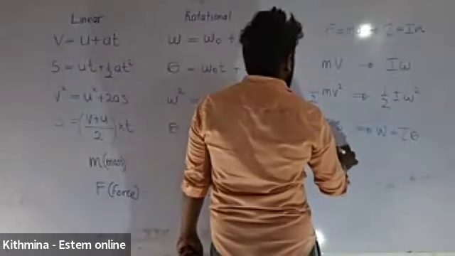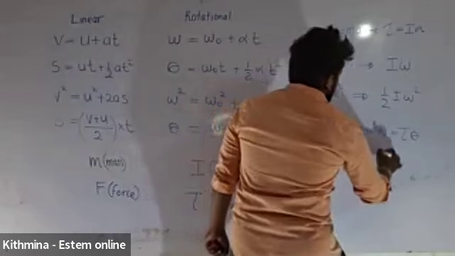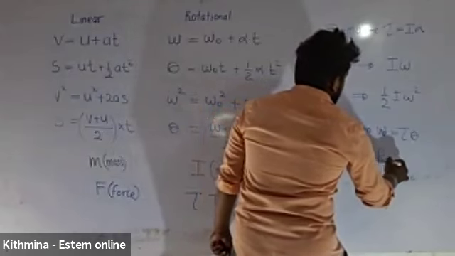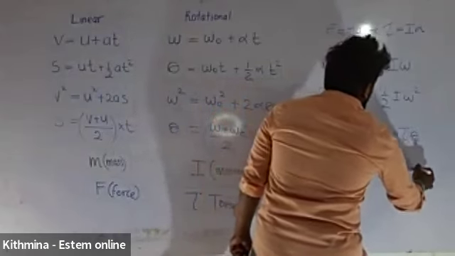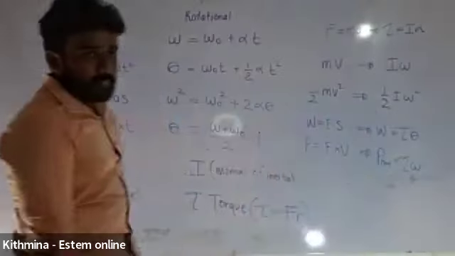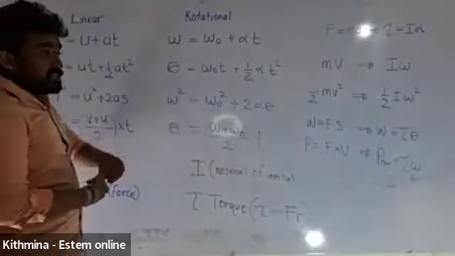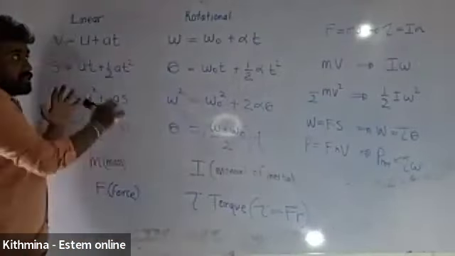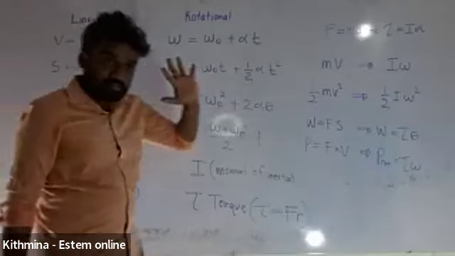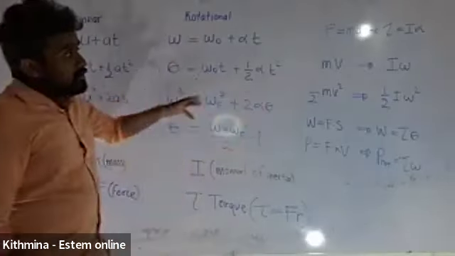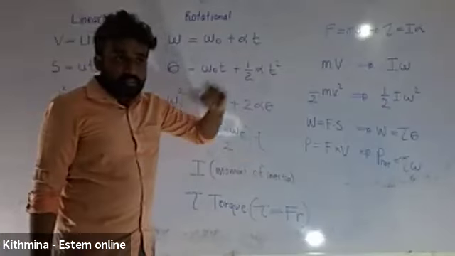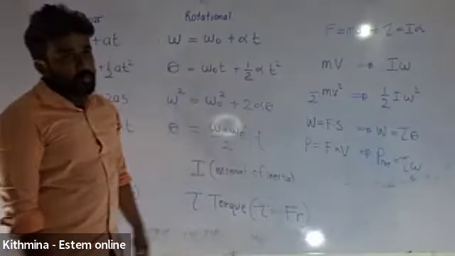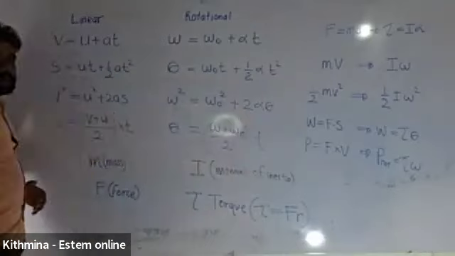Power is equal to F into V. Power in rotational motion is tau omega. In such a way. I will explain these things in more depth at another level, and do some complex problems on rotational motion in the special level also.